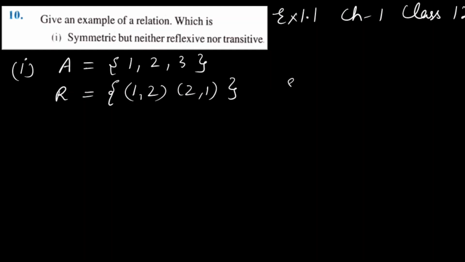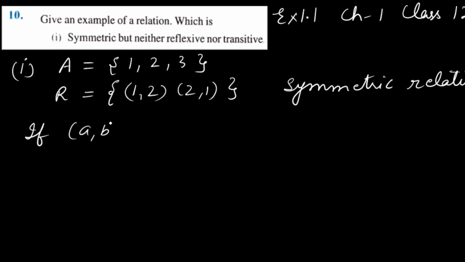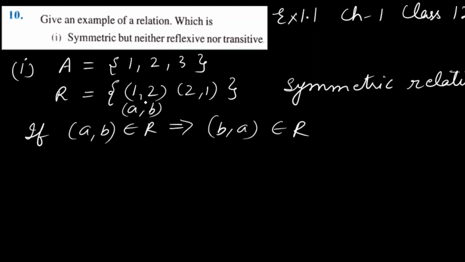If you see, this is a symmetric relation, because we know the definition of a symmetric relation: for all ordered pairs, if (a, b) belongs to R, it implies (b, a) should also belong to R. Here 1 is a, 2 is b. For (a, b), we do have (b, a), which means the given relation is symmetric.